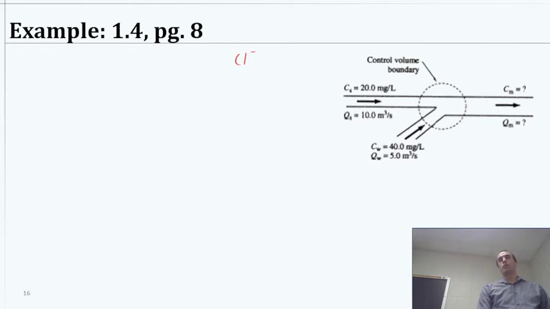We were not given any indication that it could be anything but steady state, because it's just flowing through, right? Some amount is flowing in, some amount's flowing out. So we assume then that accumulation is 0, because it kind of has to be at steady state with regard to the amount of chloride inside this little bubble.